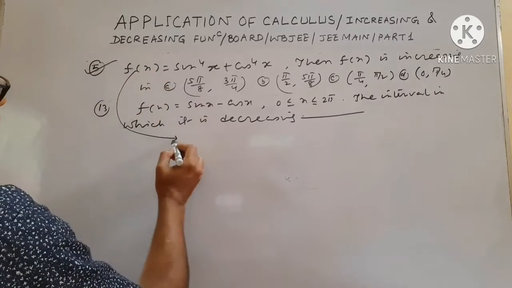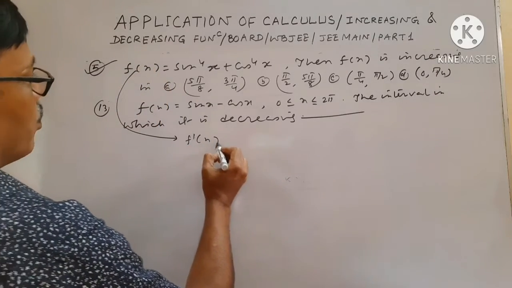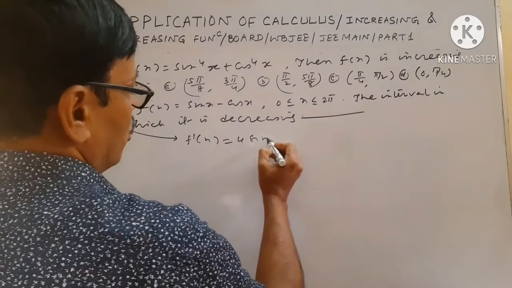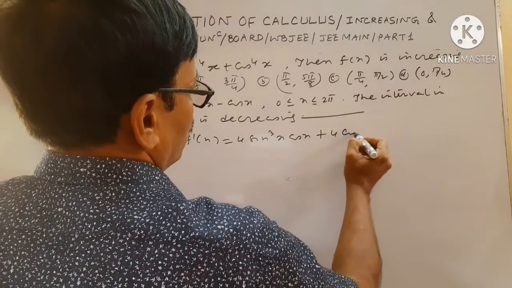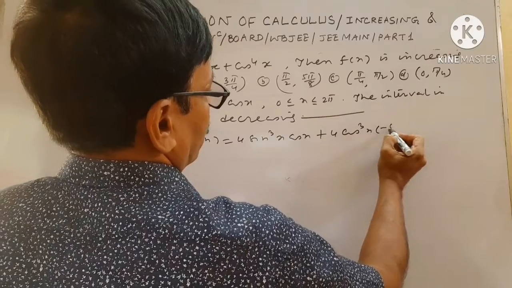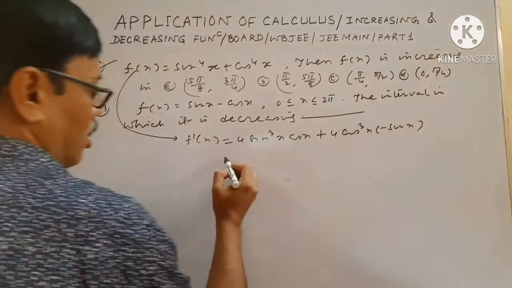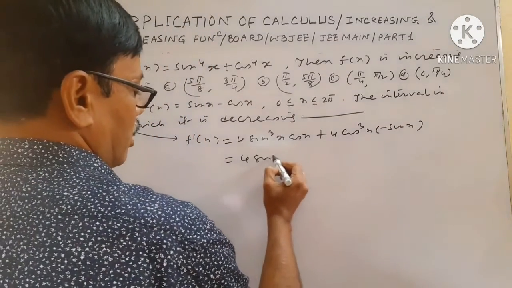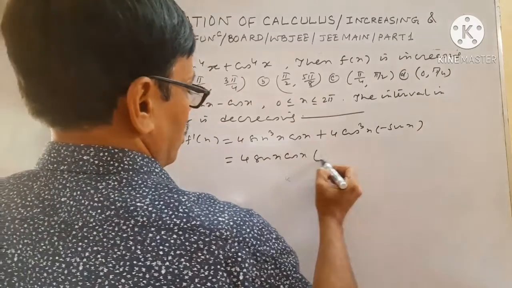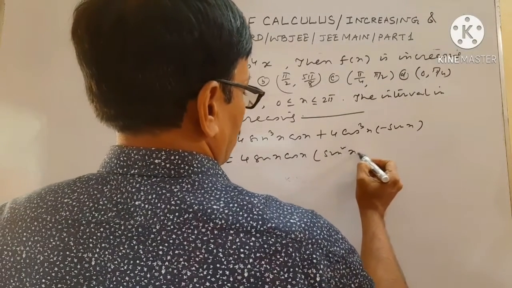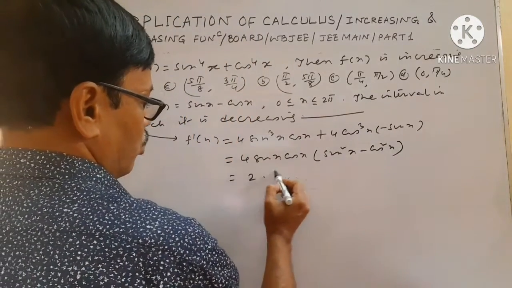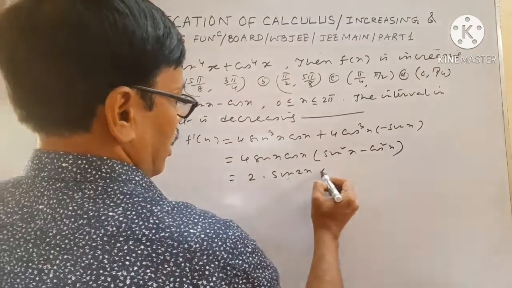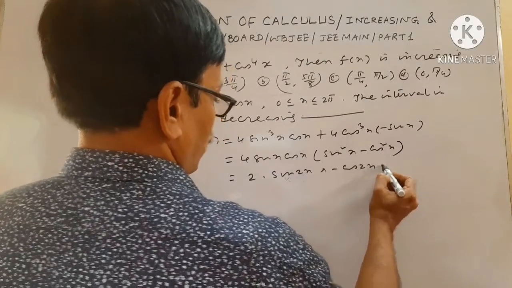So problem number 5. f dash x equals 4 sin cube x into cos x, plus 4 cos cube x into minus sin x. So 4 sin x cos x common, sin square x minus cos square x. So 2 into sin 2x, and this is minus cos 2x.